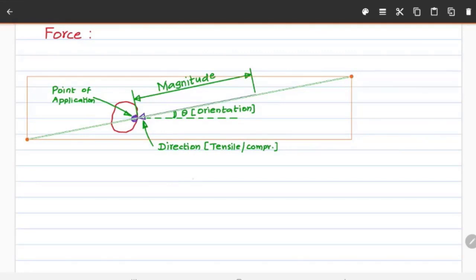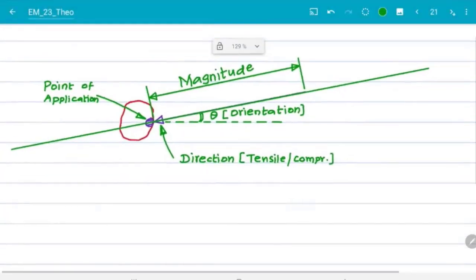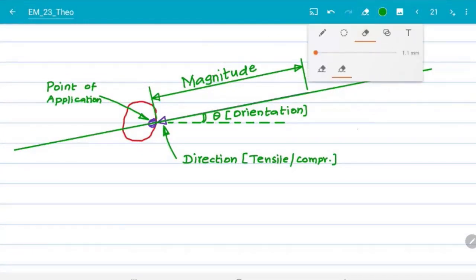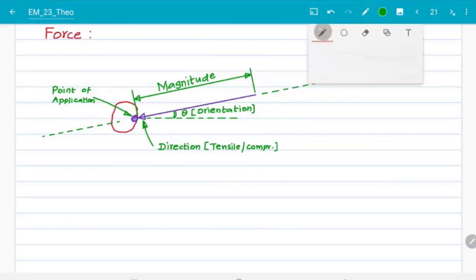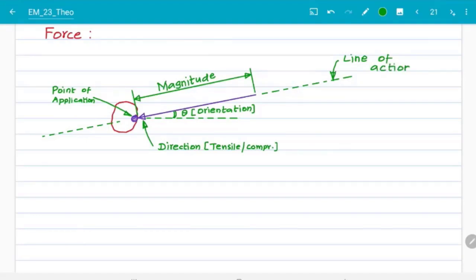The imaginary line passing through the force is called the line of action. Okay. Line of action. Right.